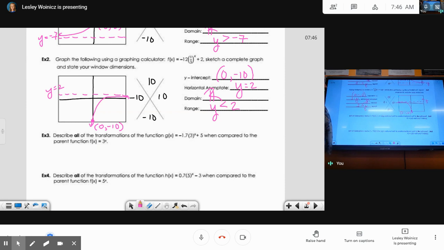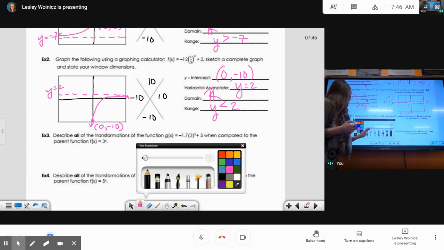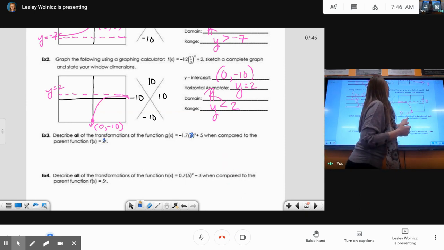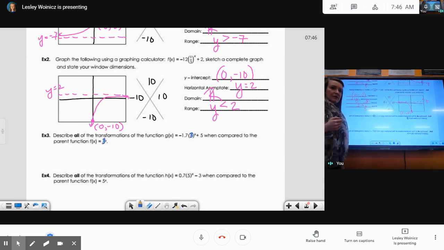Okay, so now we have to describe all of the transformations for the function g of x compared to its parent f of x. So notice that they have the same base. It's the same number being raised to the power both times. We can see these transformations in the calculator.